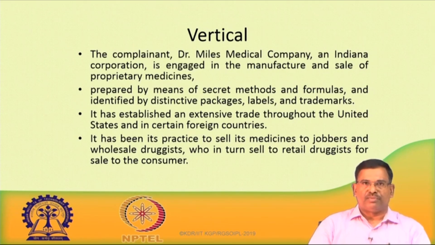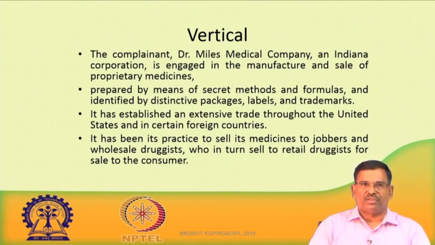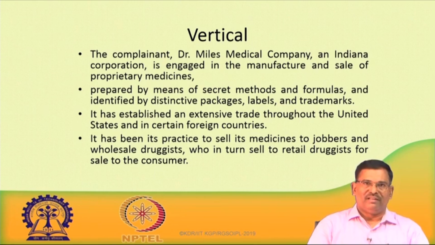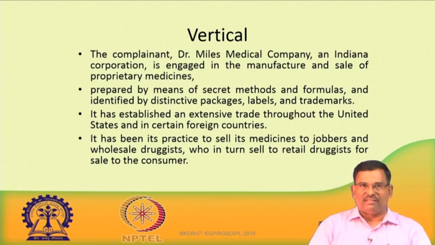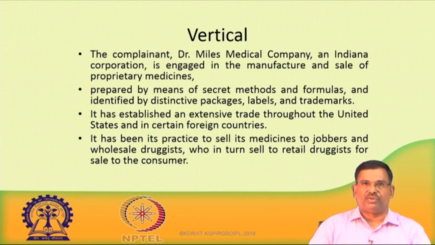Here the complainant was a medical company, Dr. Miles Medical Company, an Indiana corporation, which manufactured and sold proprietary medicines. More importantly, they were not holding any patents for these proprietary medicines; rather, they had trade secret protection, which in the United States is protected under legislation.